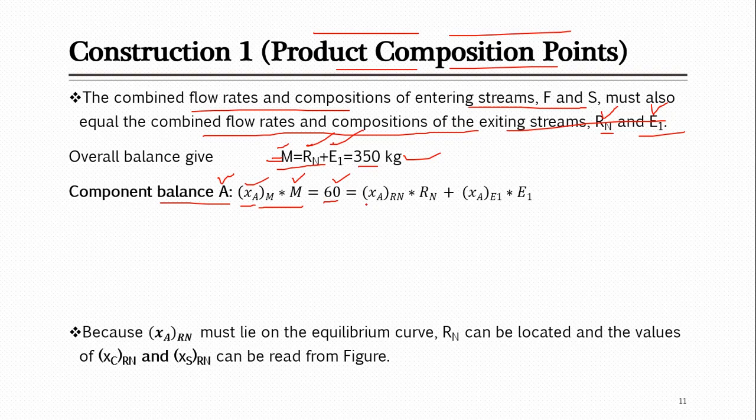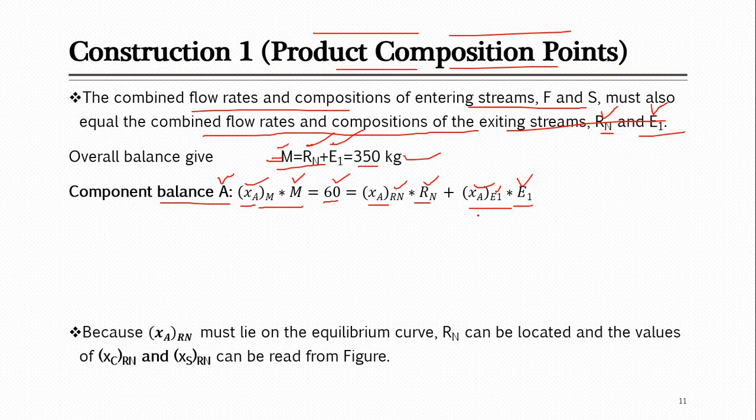That's equal to, since this component coming from the M stream is separated into two, raffinate and extract, the mass fraction of component A in the raffinate stream leaving from the nth plate multiplied by the total amount of that raffinate stream, plus the mass fraction of this component in the extract stream leaving from plate 1 multiplied by the total amount of that extract stream.